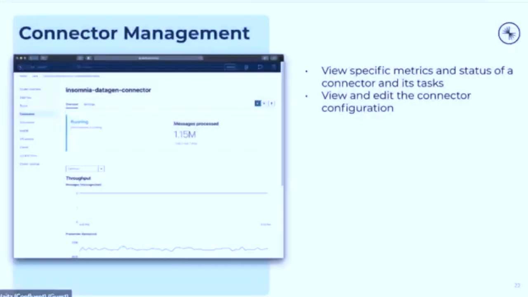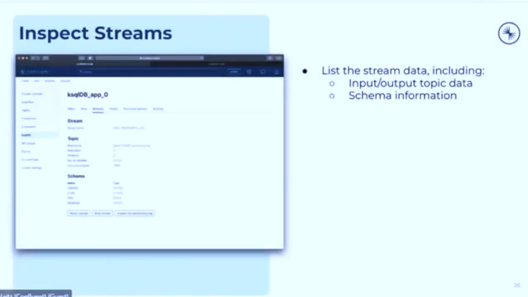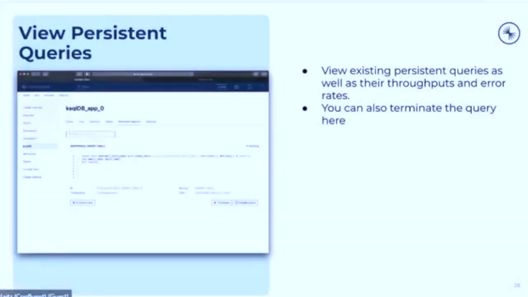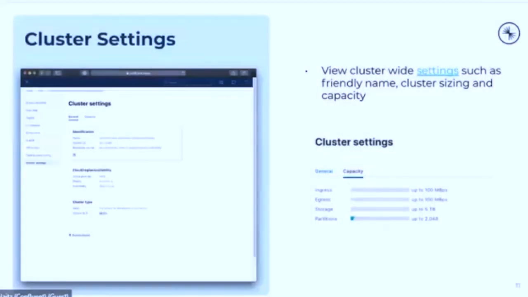Okay. We talked extensively over KSQLDB. We looked at consumer groups. The lag is available in, we'll do this later when we talk about the metrics API.